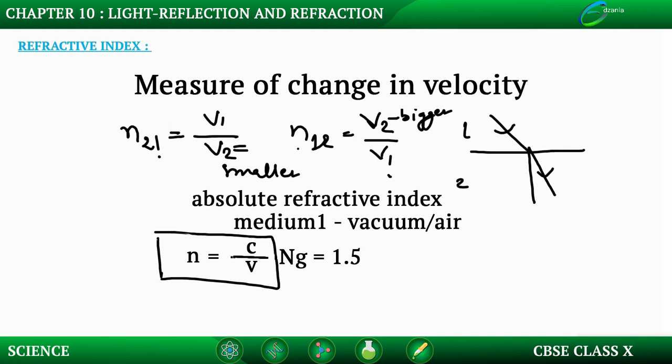So if we take the refractive index of glass to be 1.5, we can say c is equal to 1.5 times v, the velocity of light in the glass medium. In the other case, if we get a smaller refractive index, then the velocity of light will be faster in the given medium compared to the velocity of light in vacuum.